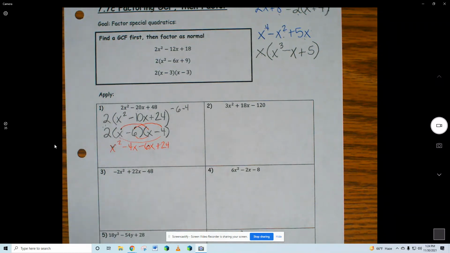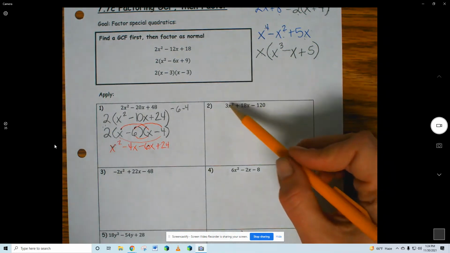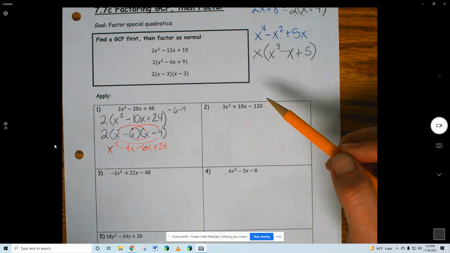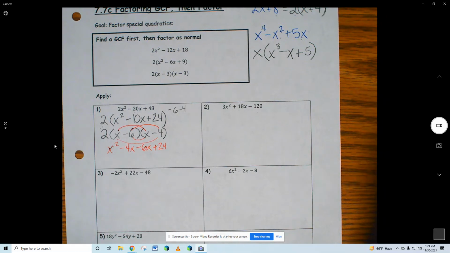Number 2. Are you ready for number 2? We're pulling out a common number, and I am then factoring that trinomial. What's a GCF of 3 and 18 and 120? New volunteers, please. 9's a little high. 3.